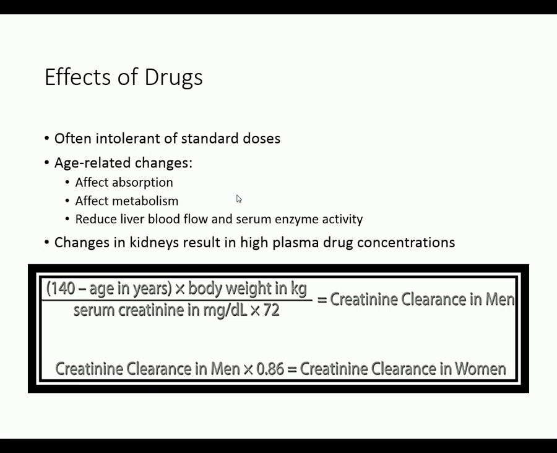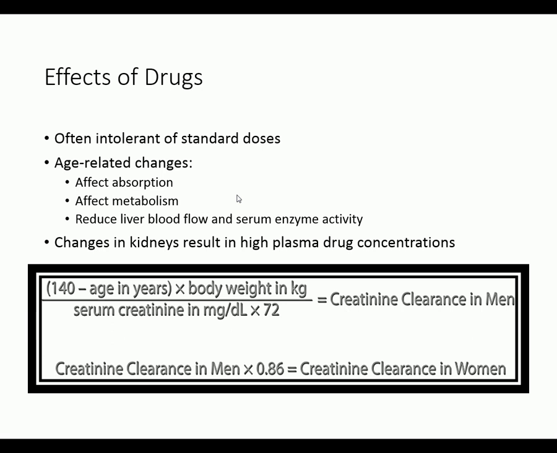Physiological changes in aging make drug therapy more complex and challenging due to changes in absorption, which can be affected by an increase in the gastric pH, okay, decrease in motility, or a decrease in the blood flow to the gastric area.